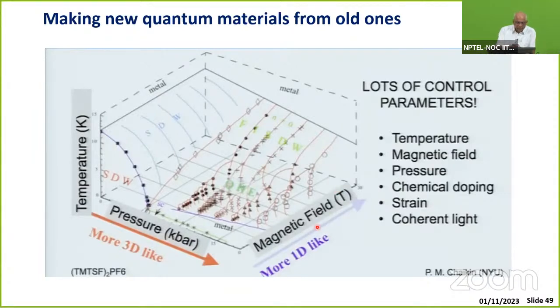So you have a very wide and very large set of parameters that you can control: temperature, magnetic field, pressure, doping, strain, coherent light, etc., to make a variety of quantum materials. So material discovery is a very important aspect of quantum materials and quantum phenomena.